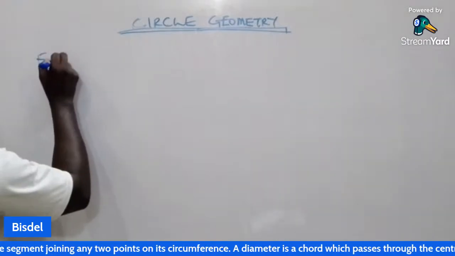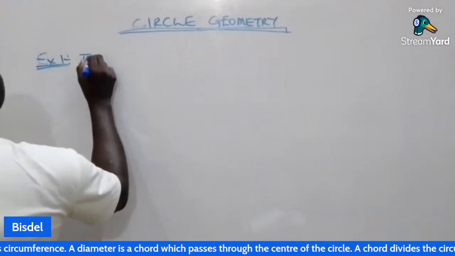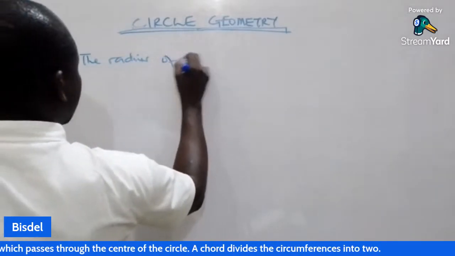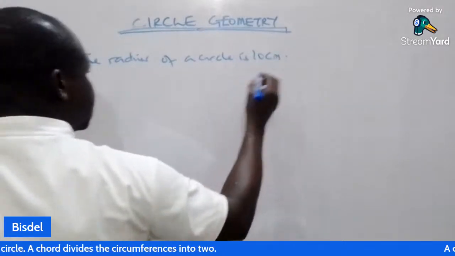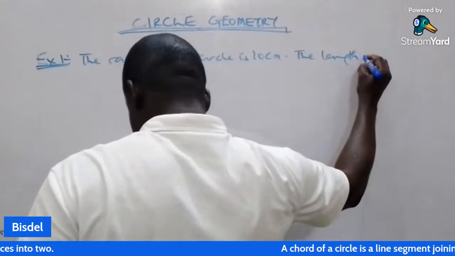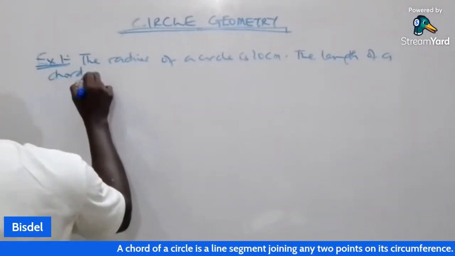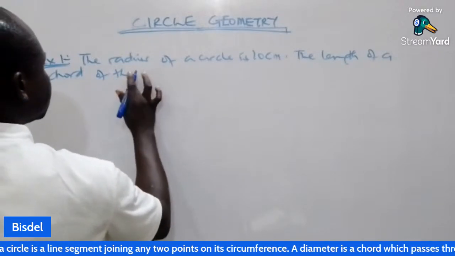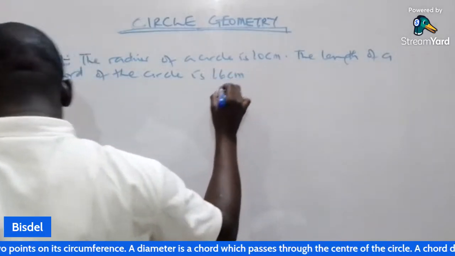Let's take the first example. It says that the radius of a circle is 10 centimeters. The length of a chord of the circle is 16 centimeters.